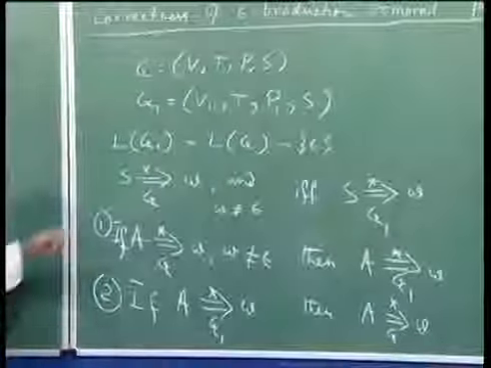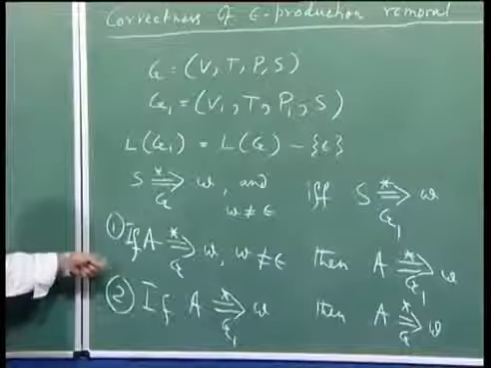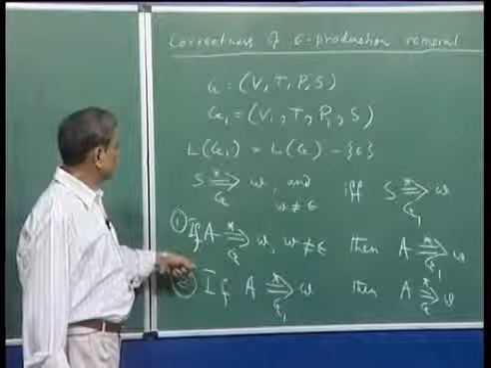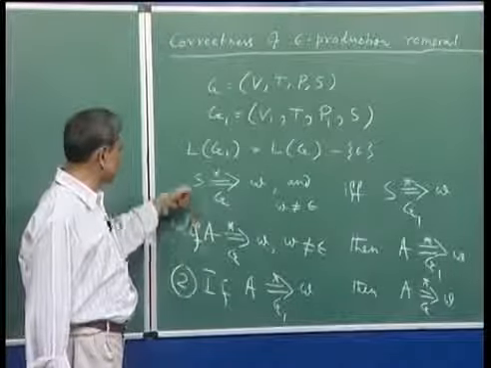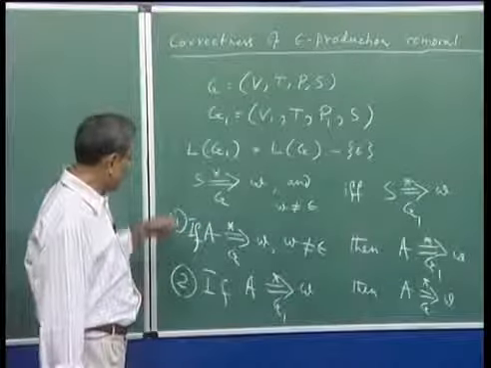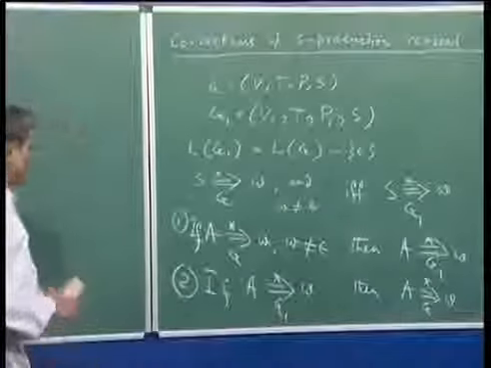It is not difficult to see that if we prove this for all non-terminals A, then of course, I mean not only is it not difficult, it is obvious, we necessarily prove this for S because S is one of the non-terminals. So, let us try to establish these two separately.